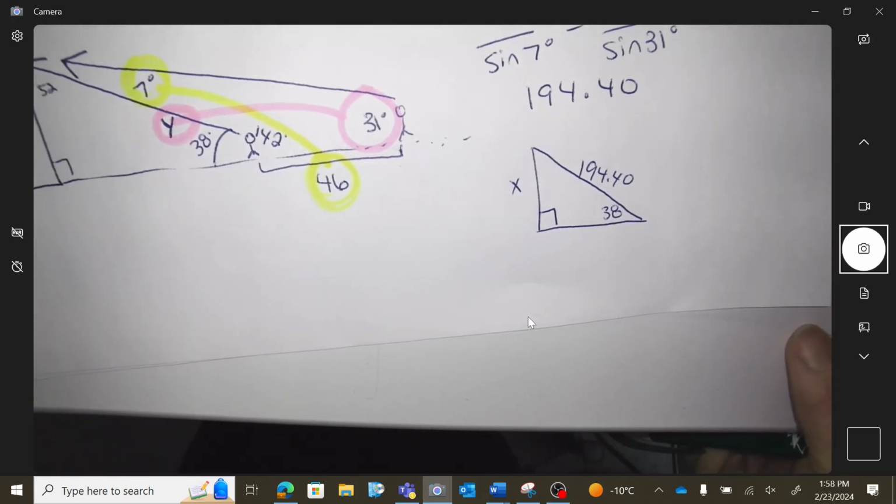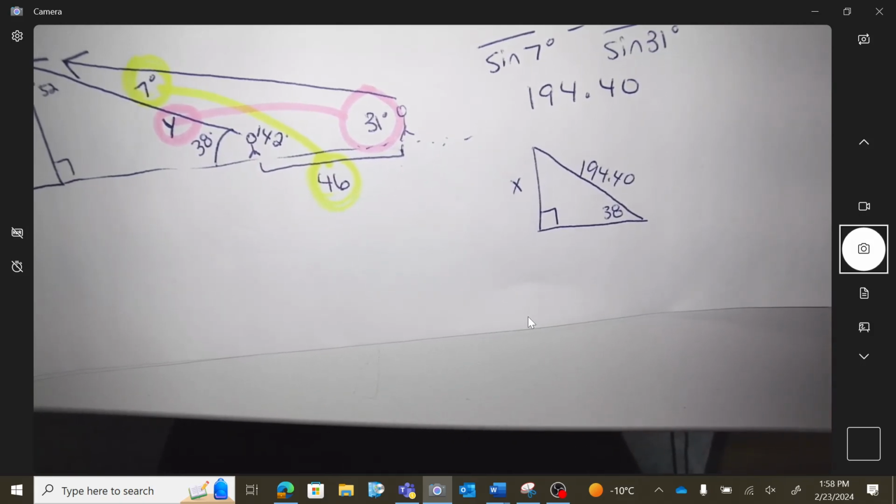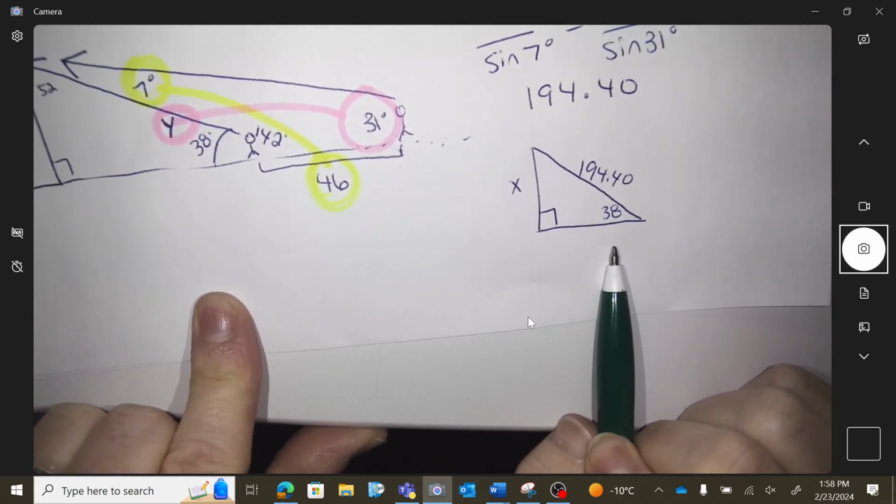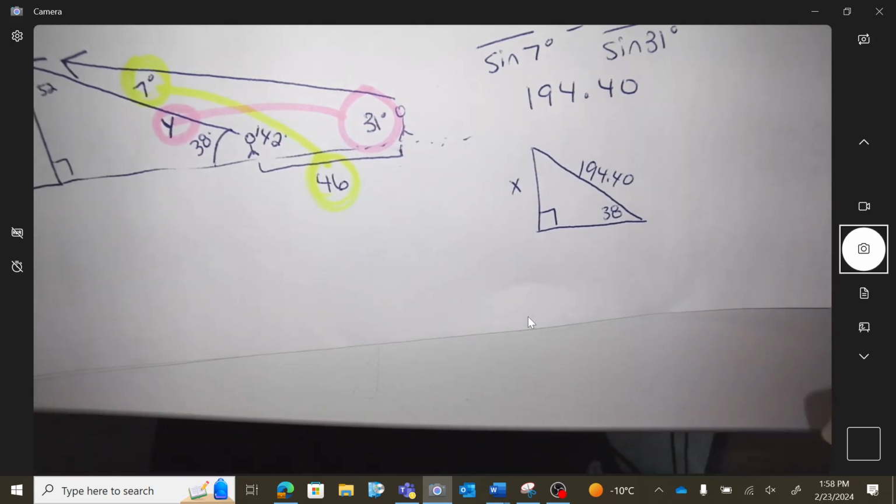So I got 194.4. Now I'm done with that triangle, so I cover it up. I'm done with that, and then I move to the other triangle, which would look like this now. I'm visualizing just this separately.